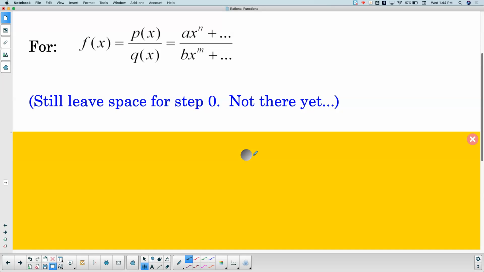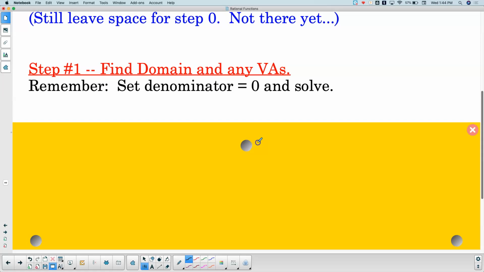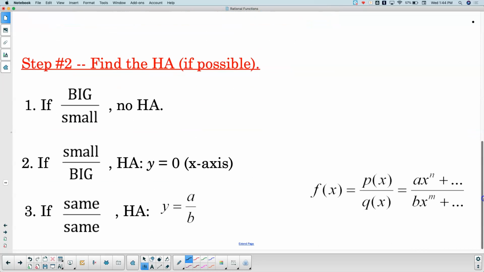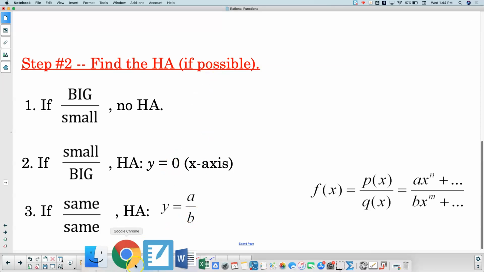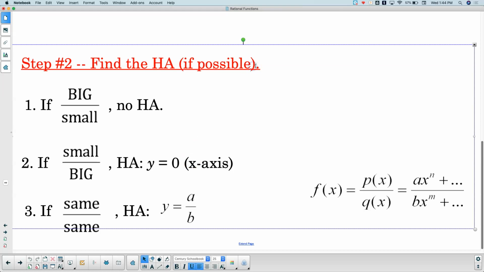Then you should have a step number 1, which says find the domain and any vertical asymptotes. Right? Then you should have a step number 2, which says find the horizontal asymptotes if possible. Well, that's always going to be possible.